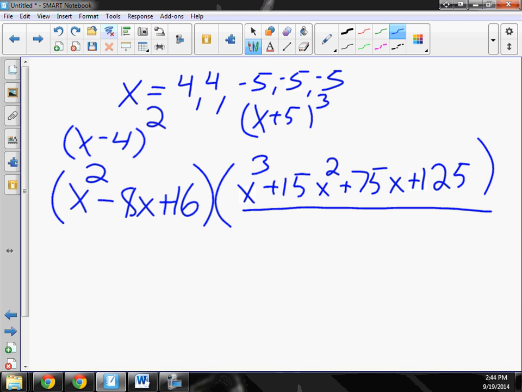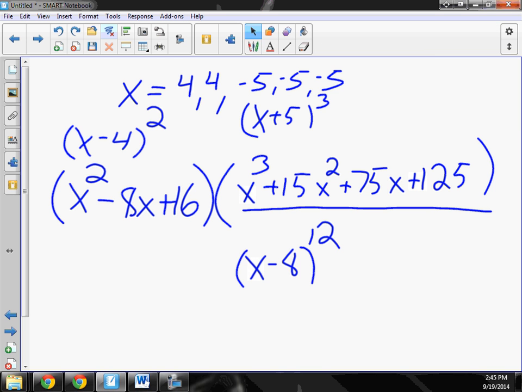And this is in preparation to doing something even bigger, like x minus 8 to the 12th, where it doesn't make sense to memorize a bunch of formulas, so I'm going to show you a way to figure out any formula you want. There's a pattern that always follows. Yes. Not now. Okay. Get to work.